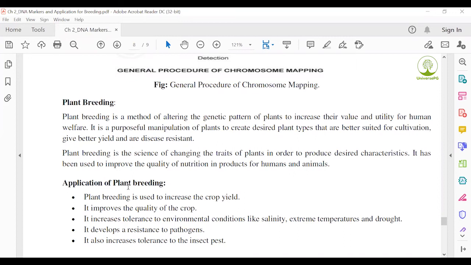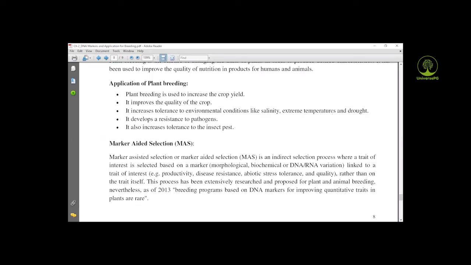So with the use of plant breeding, we can create herbicide resistant plants and insect resistant plants, and we can develop tolerance to salinity, extreme temperature and drought. We also develop some plant species against drought, flood tolerance, and also insect and pest tolerance and insect pest resistance.